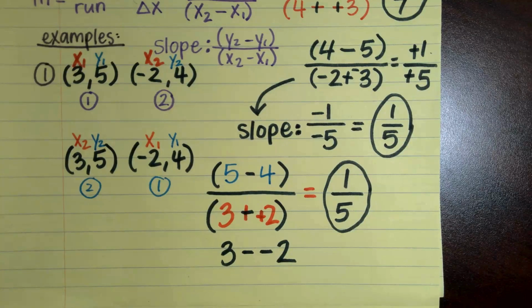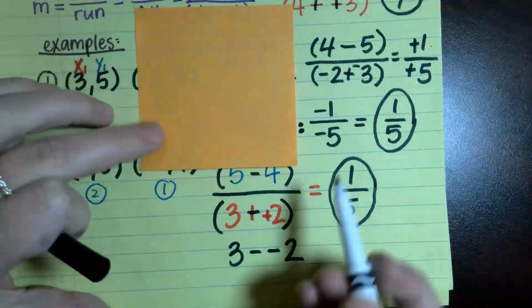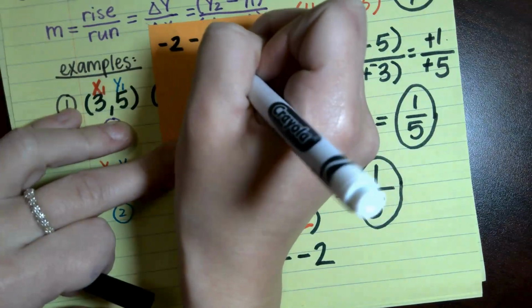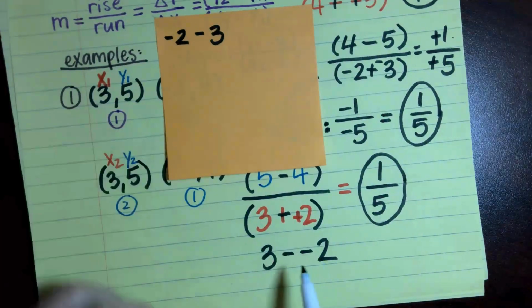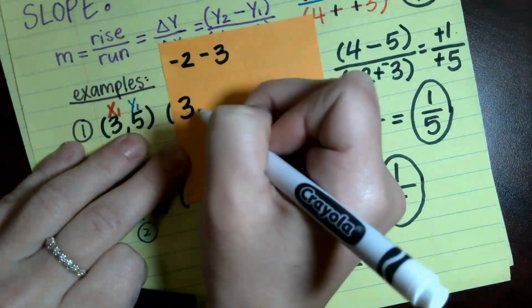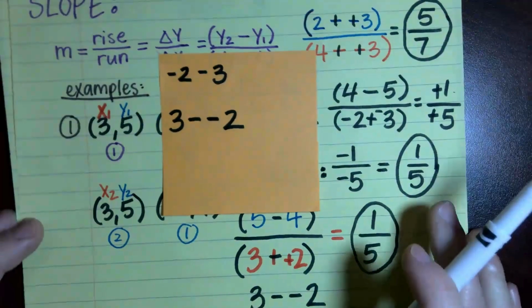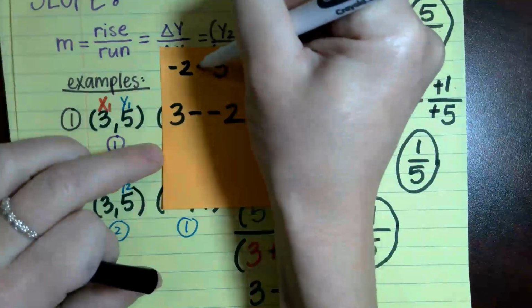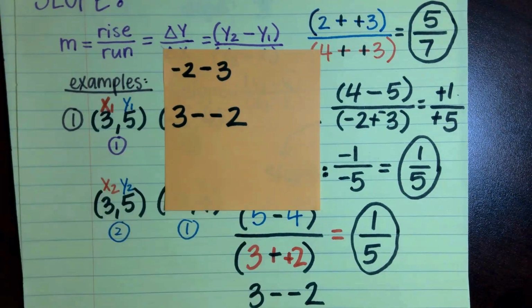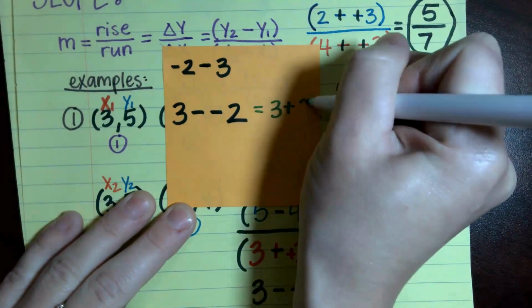That is a great question. Let's explain further. So we had -2 minus 3, and then down here we had 3 minus -2. Is it because the minus signs weren't together? Yes. Whenever you see two minuses next to each other, we just put them together and make it into a plus.